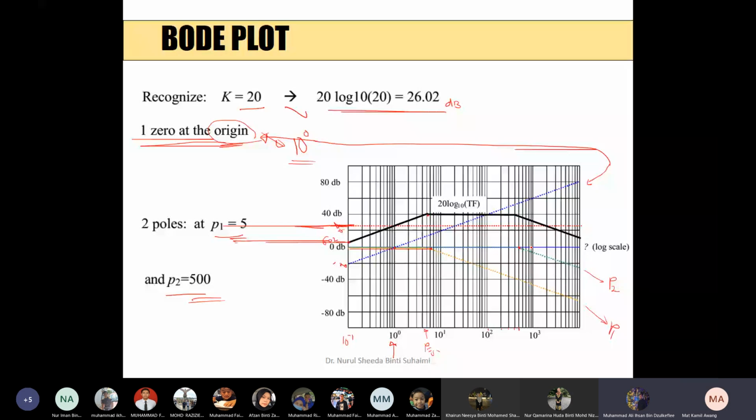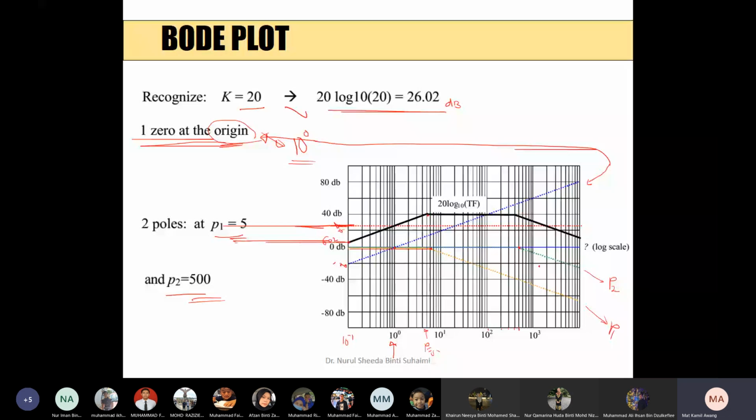So it reduces by 20 dB per decade. So the resultant curve is this black one. Okay. So this actually looks like a band pass filter, right?